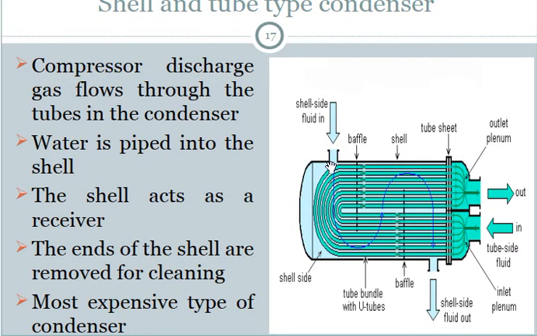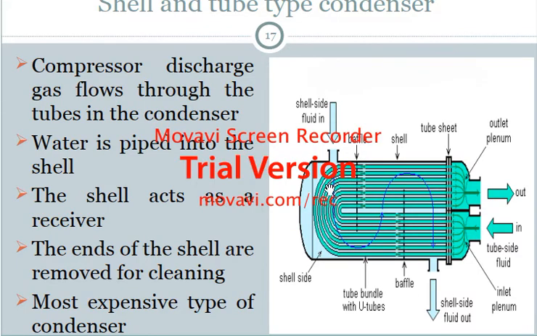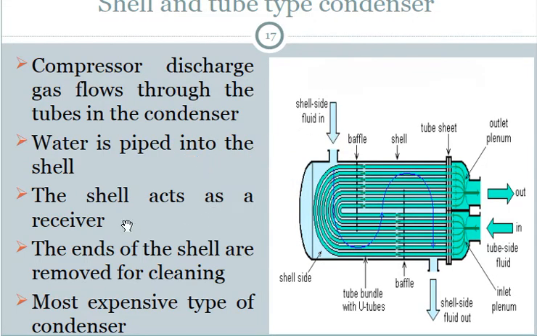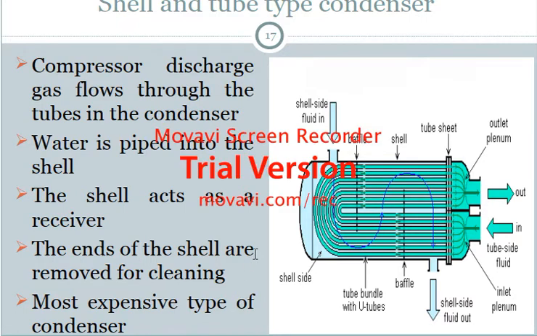The water will go through every tube here. So what happens? The tube is cooled by the coolant temperature. The water pipe into the shell acts as a rectifier. The ends of the shell are removable for cleaning. It is the most expensive type of condenser, yes, because of the complicated design.